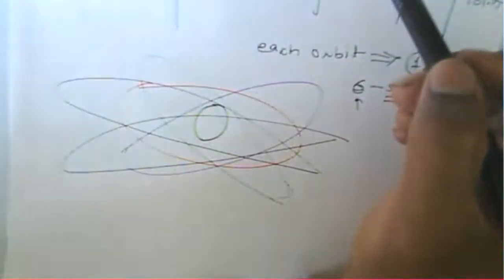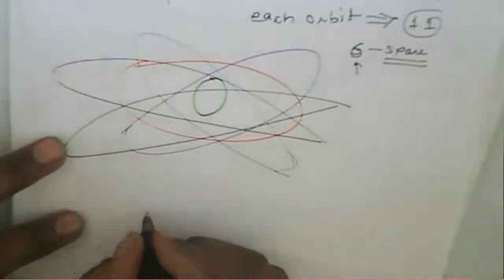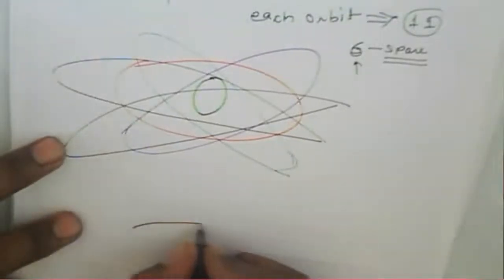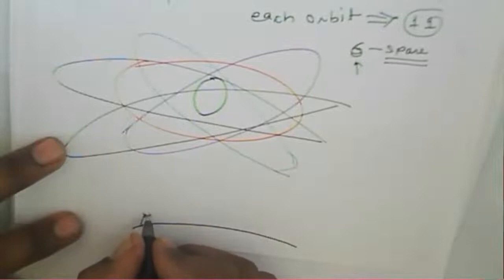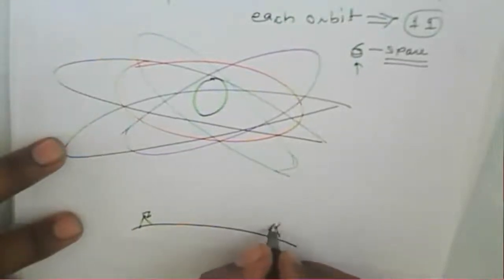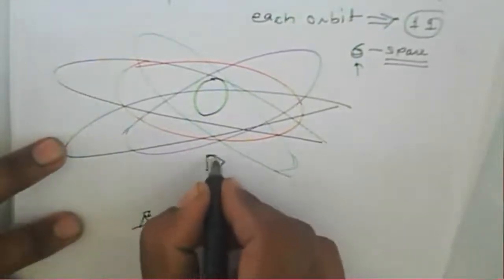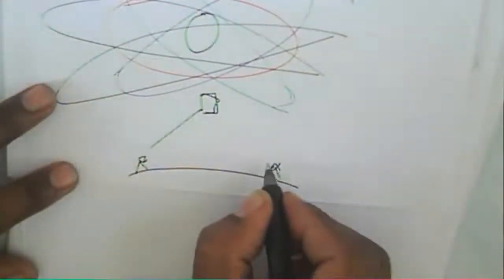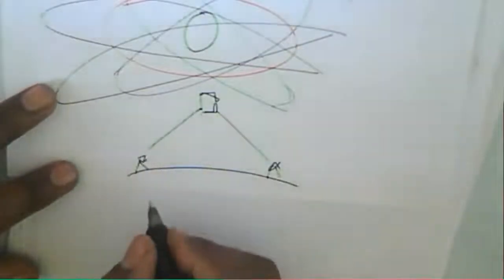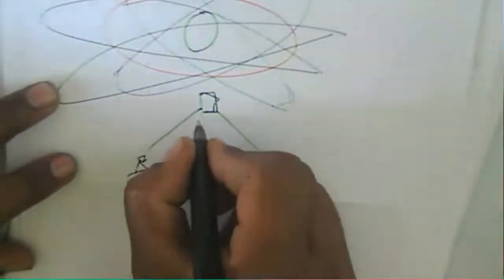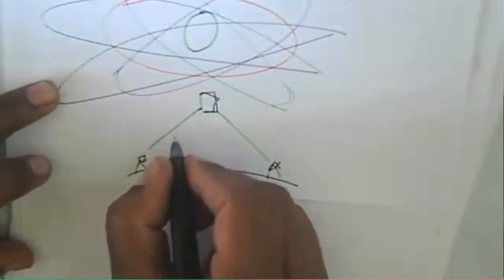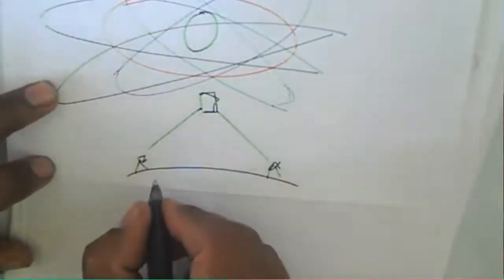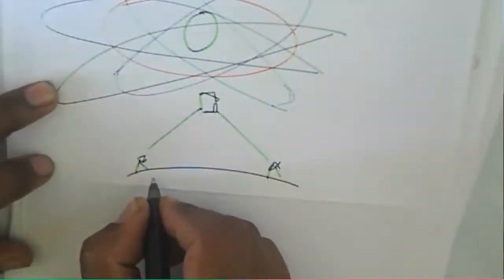Because the satellite is present in a low Earth orbit, whose altitude is small, this orbital height is small, so we can easily communicate from the Earth station to the satellite. Suppose here we have the Earth station and here we have a satellite. We can send the signal from this Earth station to the satellite.